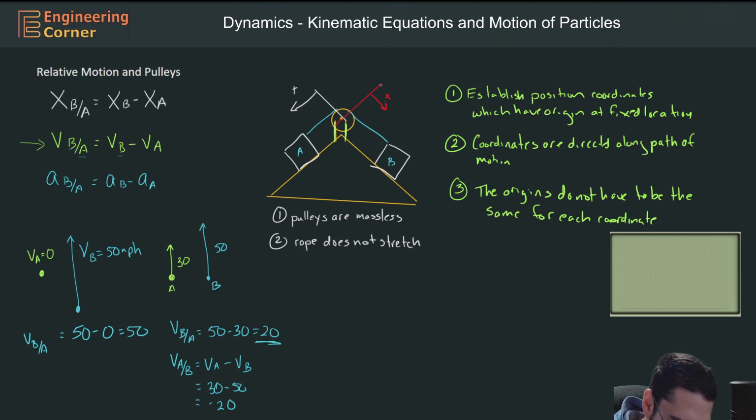If we extend from our datum point, we're going to call whatever this length is right here, in terms of notation, I've seen it used as S or I've seen it used as L. I'm going to use L in this case. So this is my length of A. That distance right here is a position that, as this block goes up and down, is going to change. It's going to vary.